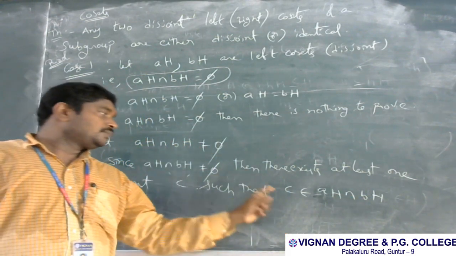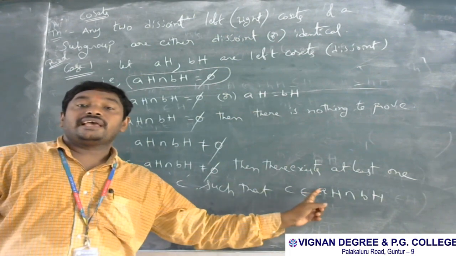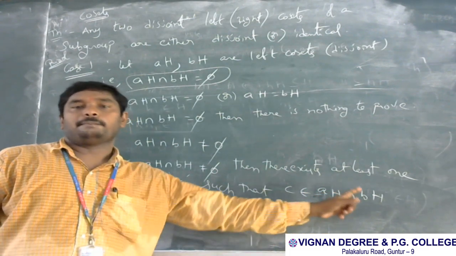Okay friends, small c belongs to AH intersection BH.